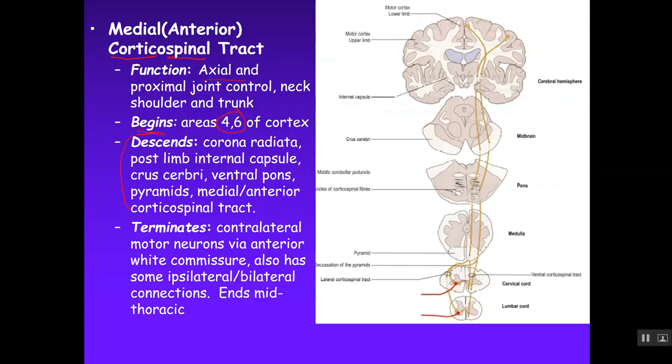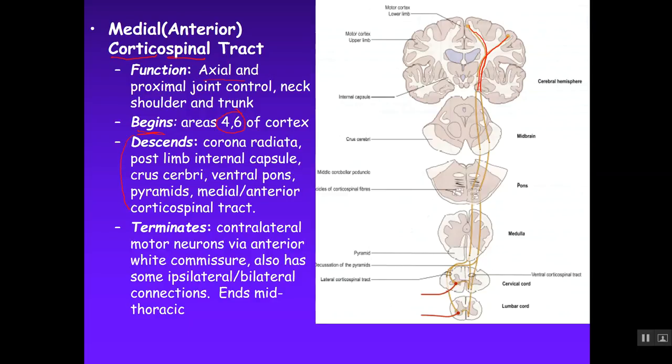Here are lower body and upper body motor fibers coming down, and they're corticospinal fibers. Some of those will end up being lateral corticospinal tract, some will be medial corticospinal tract. We're talking about the medial corticospinal tract right now, but they're all running together.